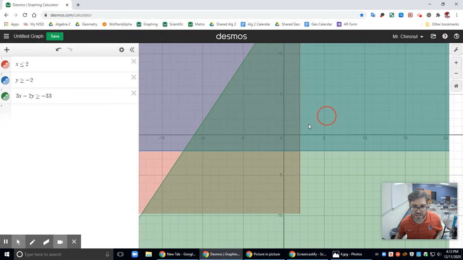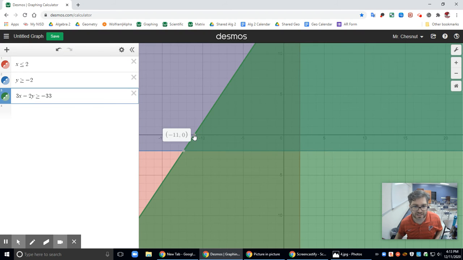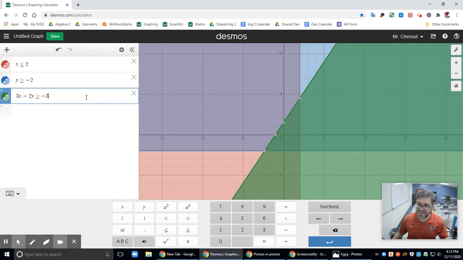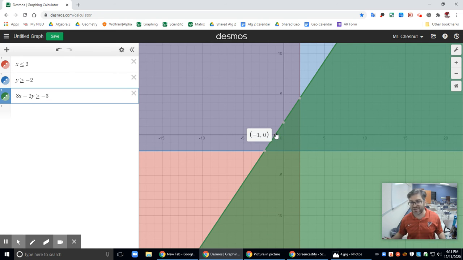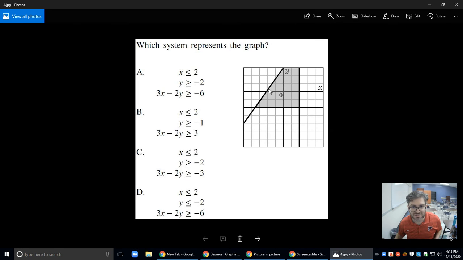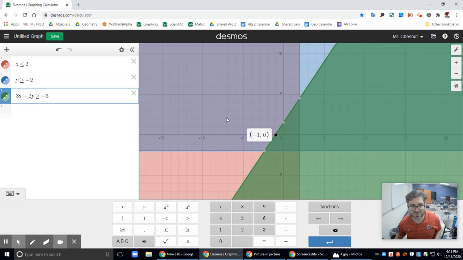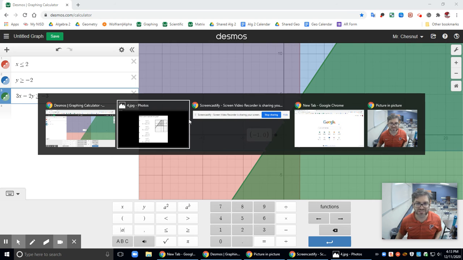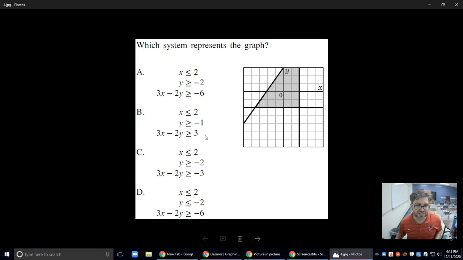So I go to the x-axis, and it hits at negative 11 there. So it can't possibly be that, because I typed it in incorrectly. I typed in negative 33. That explains a lot. But look, it goes through negative 1 there. So negative 2 there, negative 1 there. C can't be the right answer choice. This video is going well, isn't it?